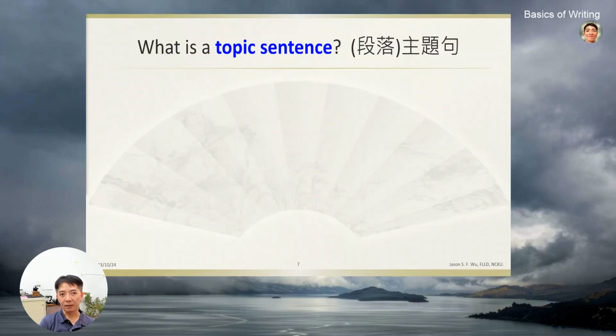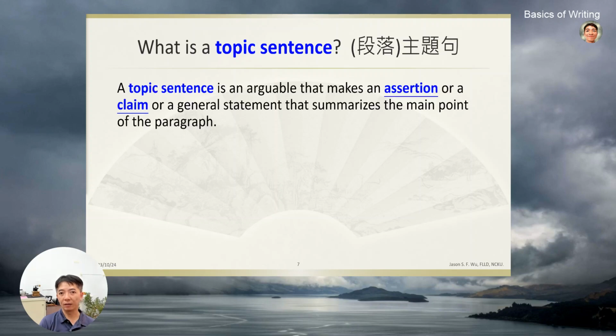So topic sentence basically is an arguable statement, right? It's an arguable statement, right? And that makes an assertion or a claim or general statements that summarize the whole point of the paragraph. So here one word is missing in an arguable statement, right? That makes an assertion.